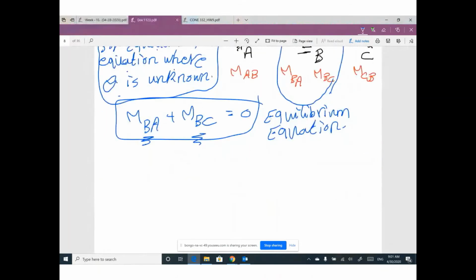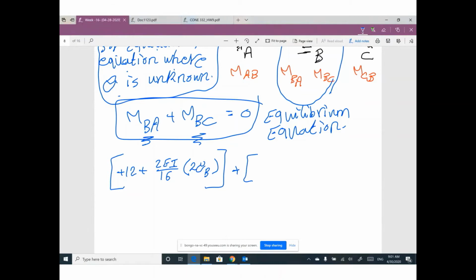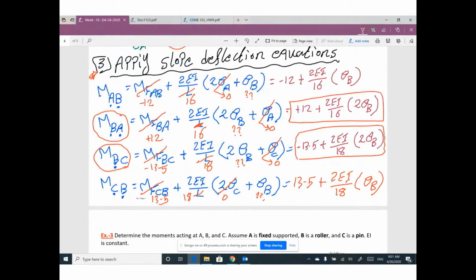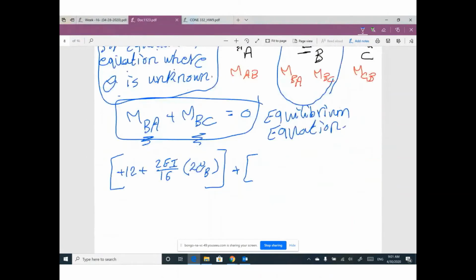Positive 12 plus 2EI divided by 16 times 2 theta B. This is MBA plus MBC. What was the equation for MBC? Negative 13.5 plus 2EI divided by 18 times 2 theta B. Summation of these two moments equals 0.